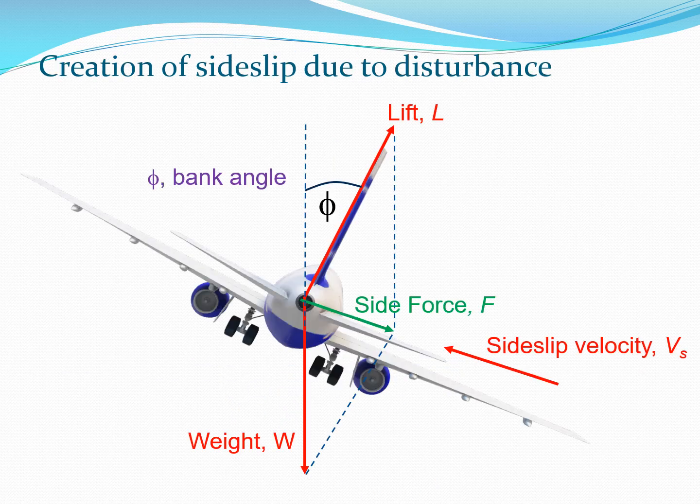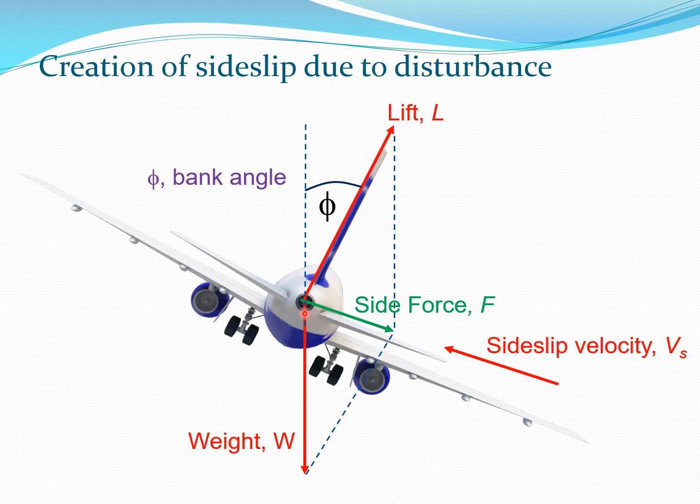Now let us imagine a situation where again you got hit by some disturbance and therefore you now have something known as the bank angle. So this bank angle phi is now present, and because of this the lift vector acts in this direction. The weight of course continues to act downward, and so the net result of these two forces is that there is a side force generated on the aircraft. This is given by this side force F here, which I have shown in green.